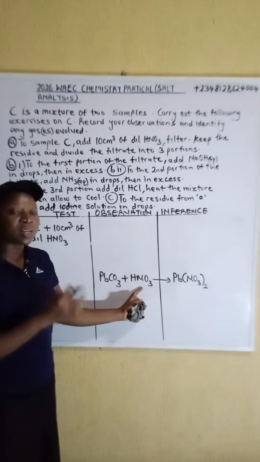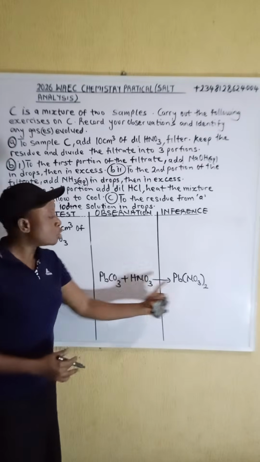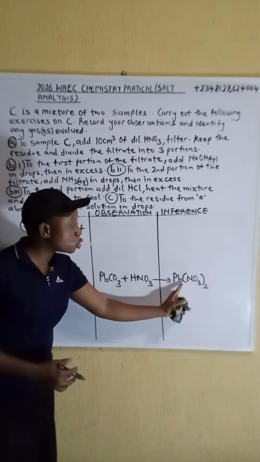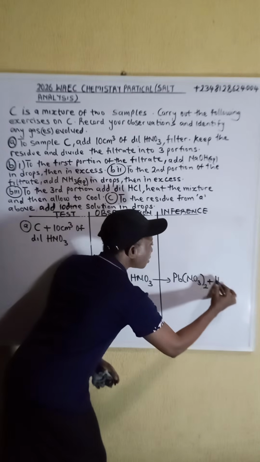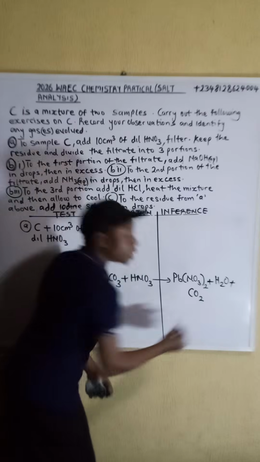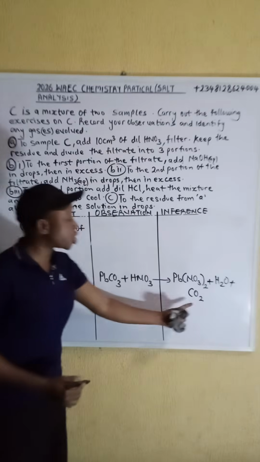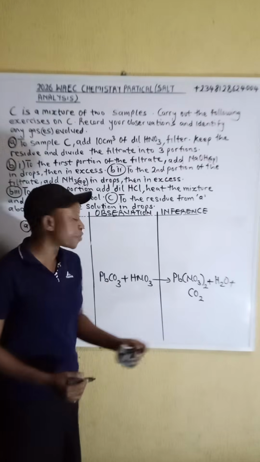It will dissolve in nitric acid to give you a clear solution of lead nitrate, followed by water with effervescence of colorless and odorless gas. So this colorless and odorless gas will escape. This one will escape in form of gas.